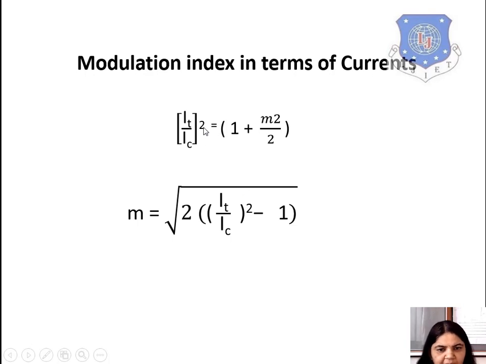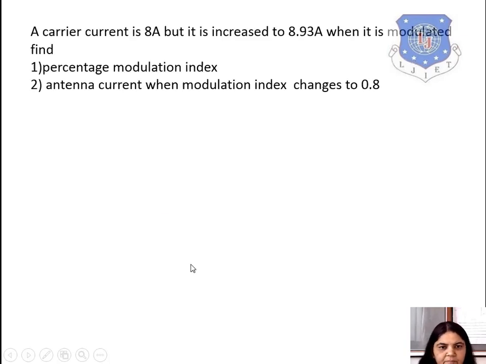So you can find it out: IT by IC whole square minus 1 is equal to m square by 2. Therefore m is equal to square root of 2 in bracket IT by IC whole square minus 1. So this is the equation. Whenever in the examples the total current and carrier current are given to us, then we can find out the modulation index in terms of this.